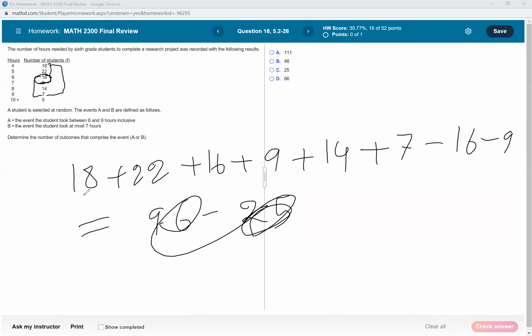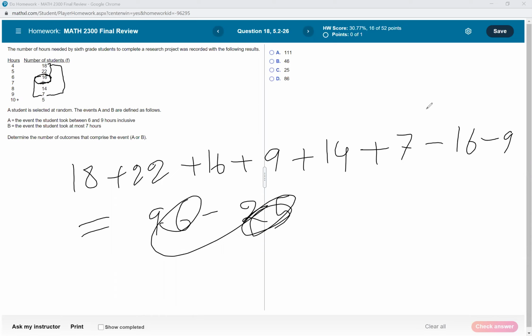Okay, so 18 plus 22 plus 16 plus 9 plus 14 plus 7 minus 16 minus, yeah, it is.